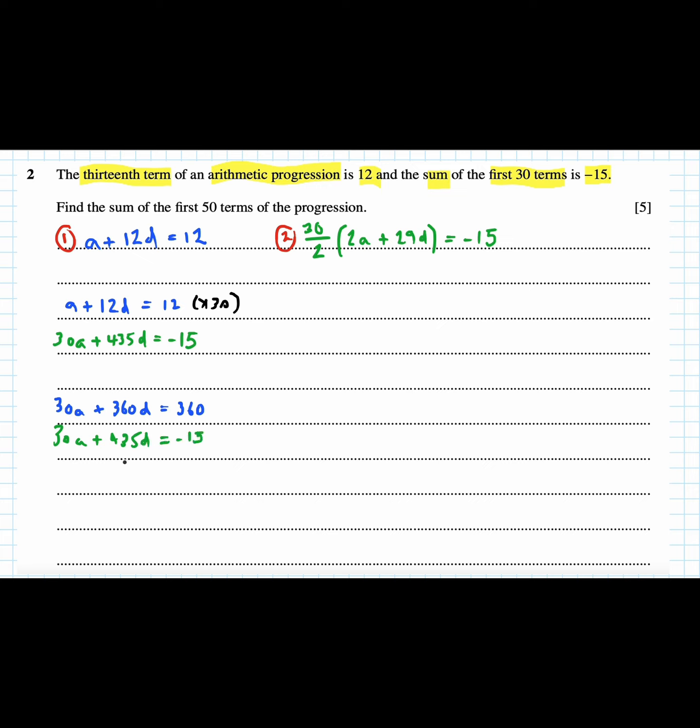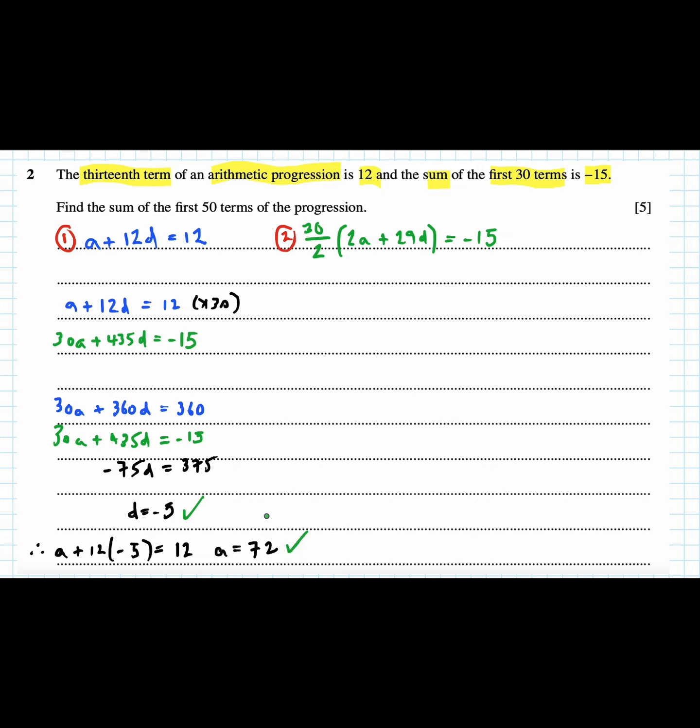So we can solve for d, in which case we get minus 75d is equal to 375. So d is equal to minus 5. From there you can substitute your minus 5 back into the first formula perhaps, into either, and you'll get a. And a is of course 72.